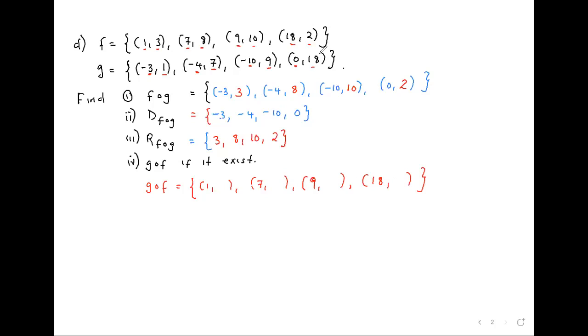So 1 goes to 3, and there's no 3 here in G. So we say G of f does not exist. Because when 1 goes to 3, then G must be moving 3 to some number. Now there is no 3 here. So that thing won't happen.